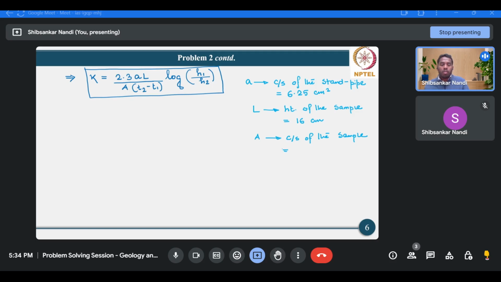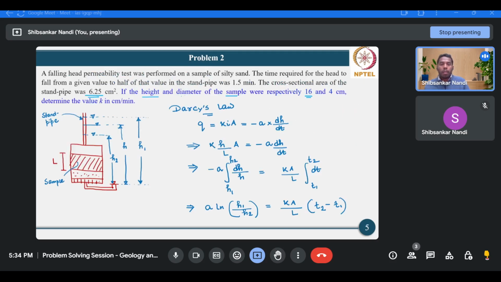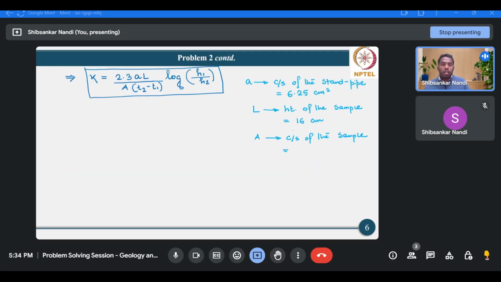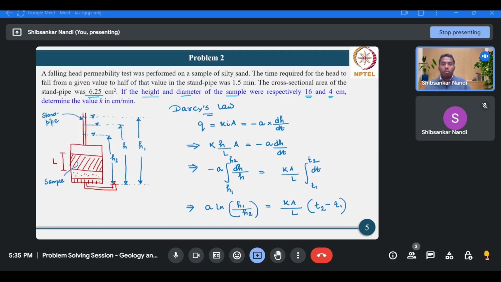Now, what is the cross-sectional area of the sample? The diameter of the sample is given as 4 centimeter, and the cross-sectional area would be pi by 4 times this square, that means pi by 4 times 4 square centimeter square. Now, what about h1 by h2 and t2 minus t1? t2 minus t1 is the time frame over which the fall of head is measured.